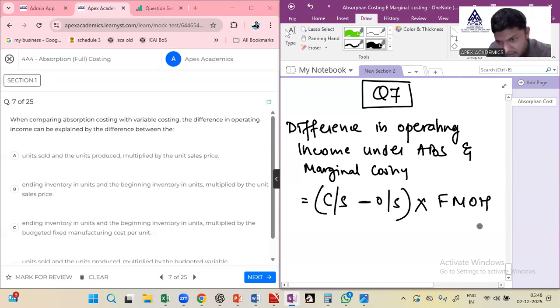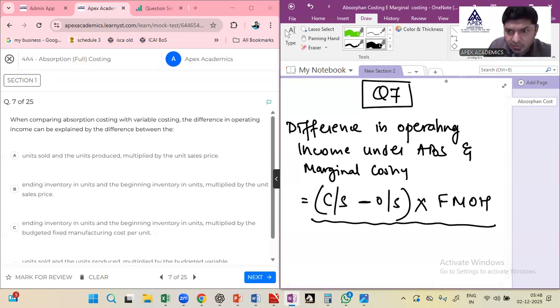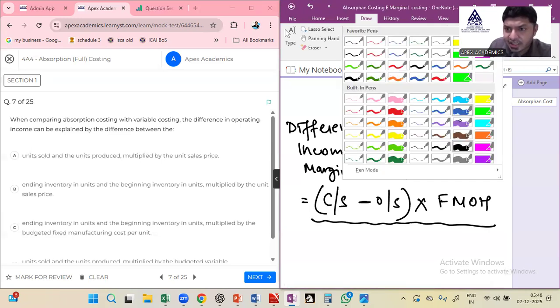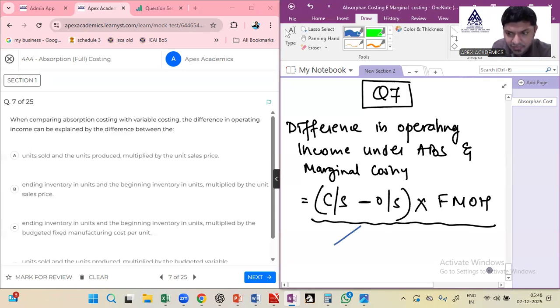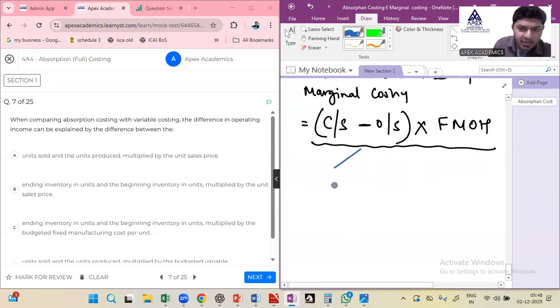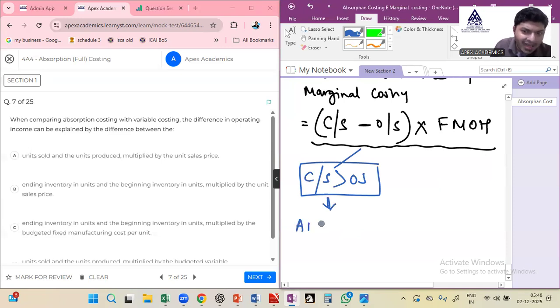Over here, please try to understand, there will be one partition that we create. If my closing stock is greater than my opening stock, as you already know, my absorption profit will be greater than my marginal, that is variable or direct costing profit.